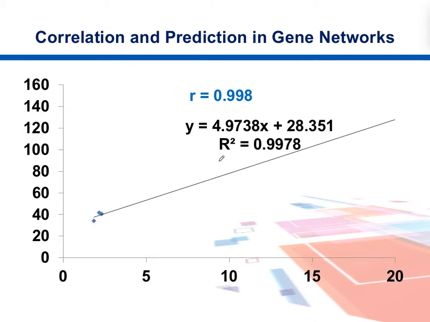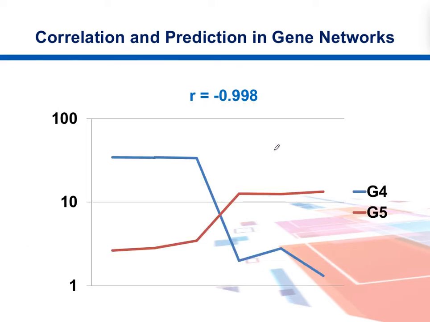We can plot them with one on the x-axis and one on the y-axis, and we observe a straight line. R is 0.998, that is the correlation, and this is the equation for prediction, 4.9738x, which is beta 1, the slope, and this is the intercept. R square is 0.9978, so the model is really good, and we fitted a good model. It is 99% explaining the variability in the model, and there is a strong positive correlation.